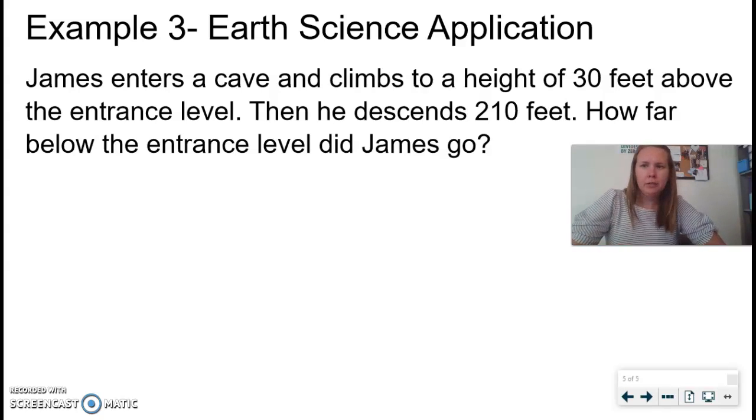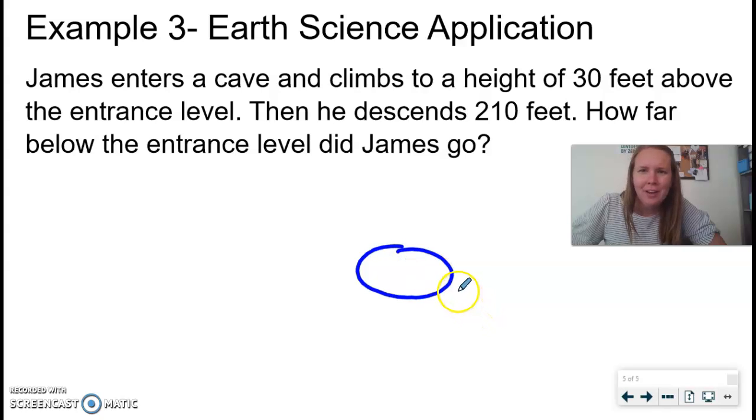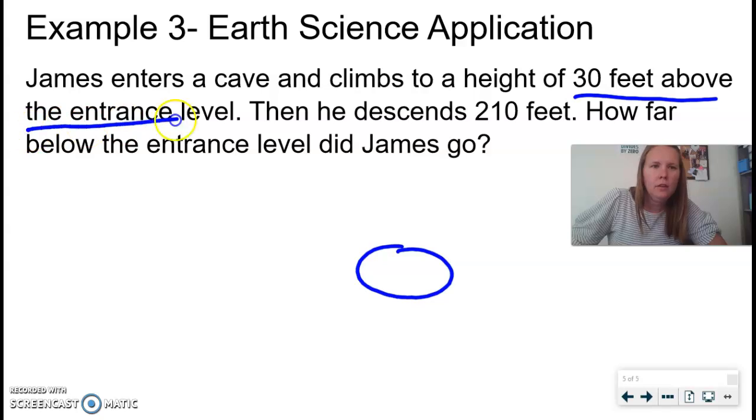So my suggestion for this one is to draw out a picture. Here's the hole for the cave. Maybe there's a big mountain over here, and then there's this big hole for the cave. What it says is that he enters the cave and climbs to a height of 30 feet above the entrance.